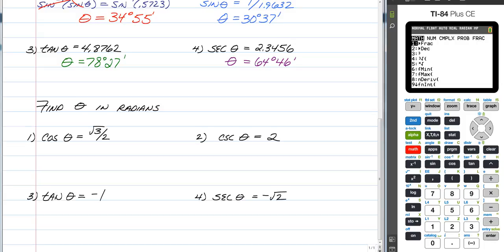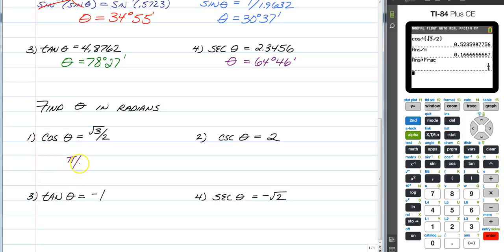We just press the math button, and then it's number 1, which we just click enter, and click enter one more time, and it's going to give us 1/6. So we know that that's pi over 6. We just used our calculator to take a decimal value, divide the decimal value of pi out of it, change it to a fraction, and we're good.